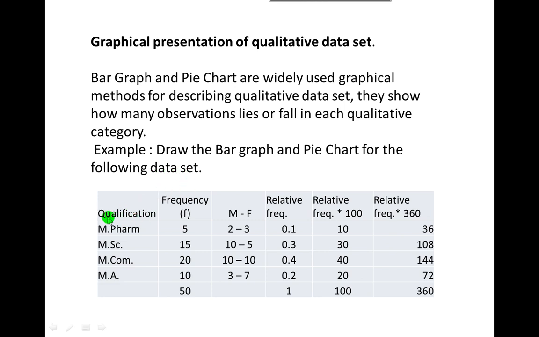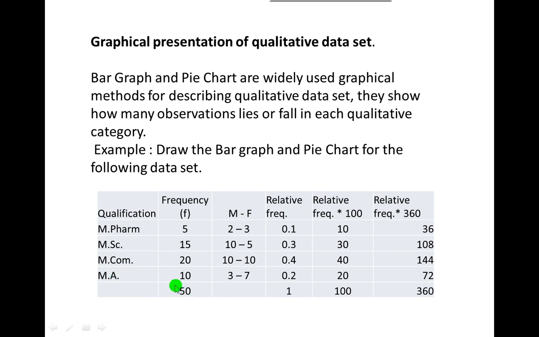Qualification, you know that this is the qualitative variable. There are four categories. Suppose you collect the data of master level education, and there are four different categories of the variable: MPharm, MSc, MCom, MA.